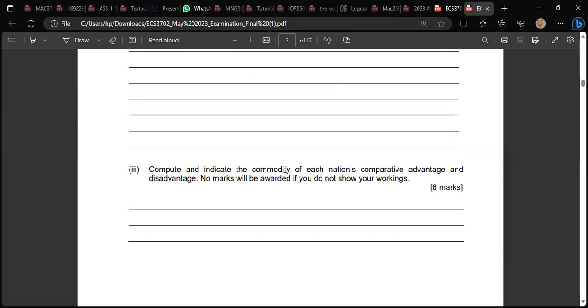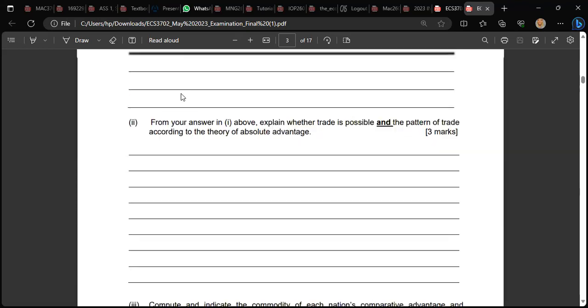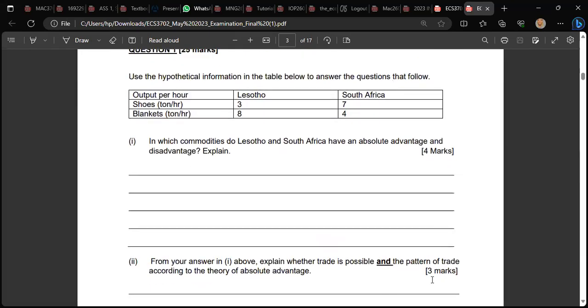Compute and indicate the commodity of each nation's comparative advantage and disadvantage. No marks will be awarded if you do not show all your working. So this is the part now where we start doing some working, but it's only 6 marks, so we are still not yet complaining. I'm going to put up the information on an Excel spreadsheet so we can do our calculations easily.